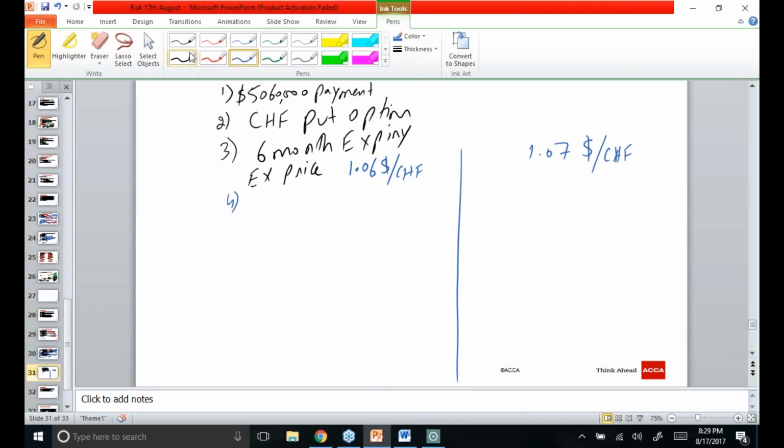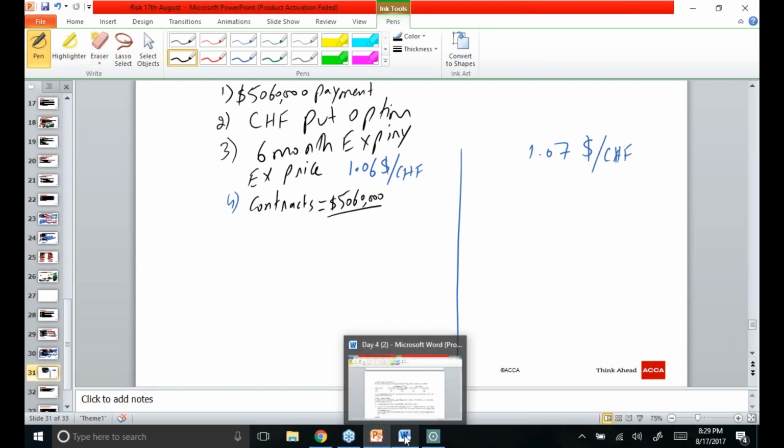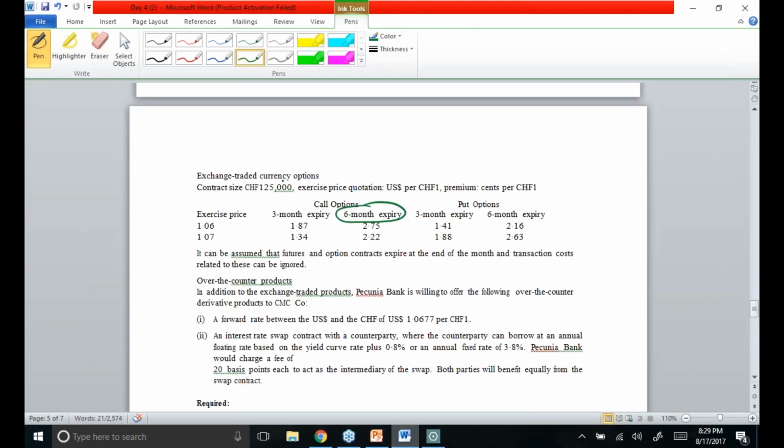Next step, contracts. That is currency amount over size of contract.